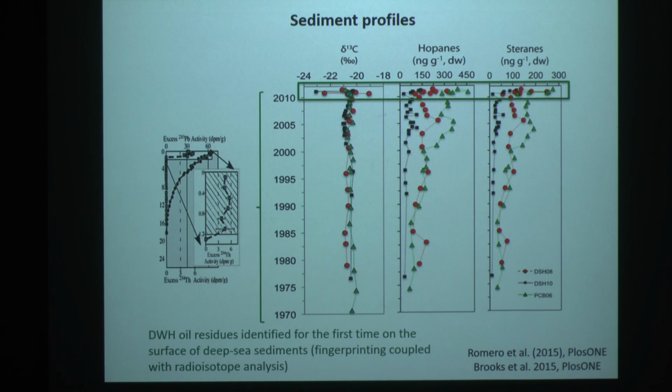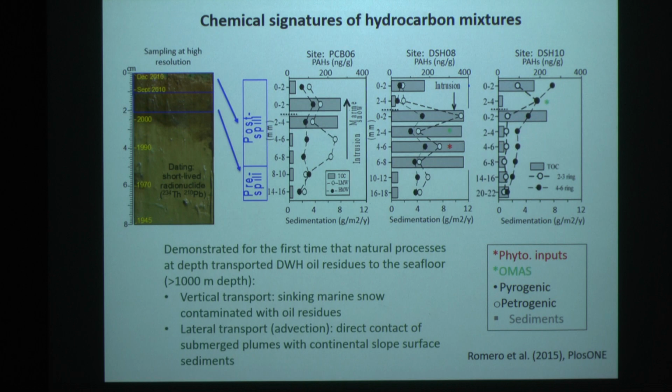So I wanted to go deeper into my data set, and I looked at very different compounds. In this case, I looked at polycyclic aromatic hydrocarbons. And here, the 3 sites from the DeSoto Canyon are separated in separate graphs. The gray bars are showing sedimentation rates.